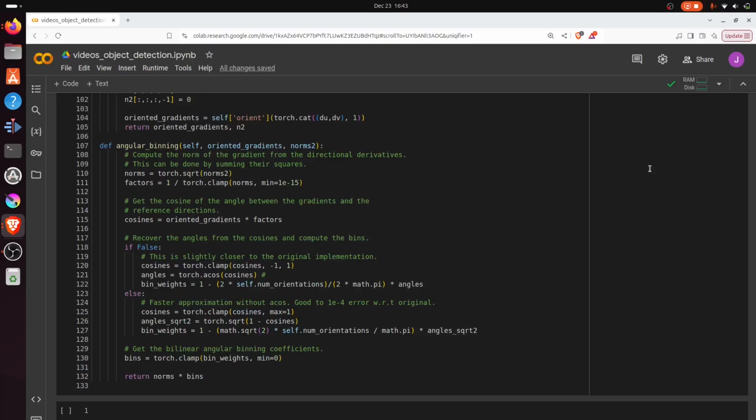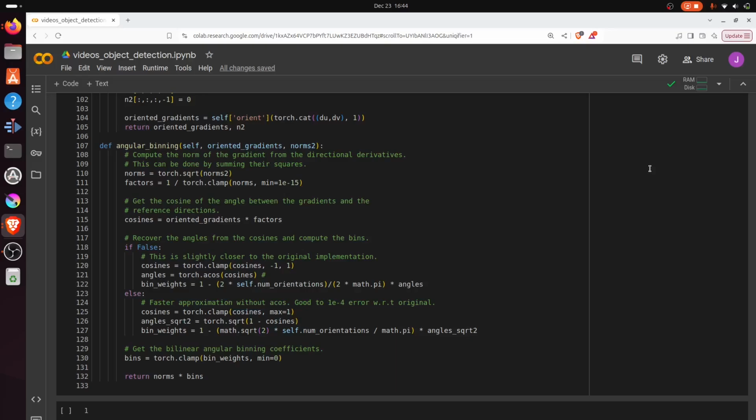In the last video, we saw how to define the function called angular binning. So what did this function do? Well, this angular binning function took our oriented gradients, that is gradients that have both positive and negative orientations, and essentially yielded a classification of these gradients depending on the angle associated to them.